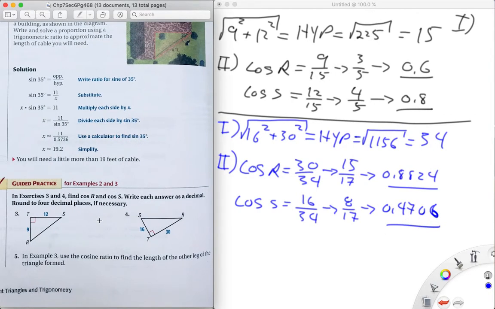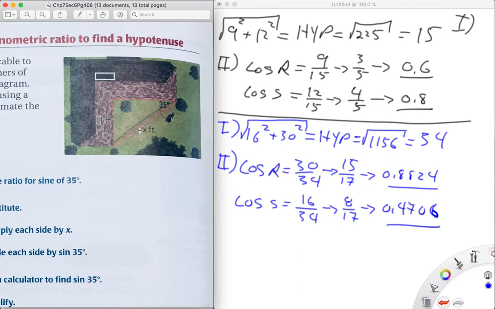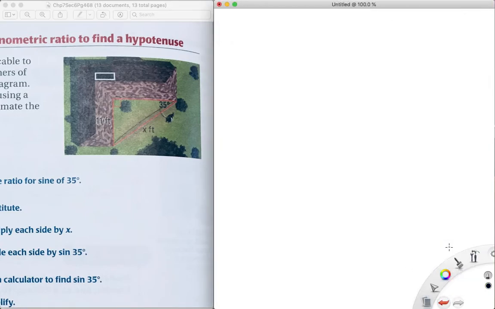Alright, in example 3, use cosine to find the length of the other leg. So over here, we have to find the hypotenuse and then find the other leg. We can do that by using first sine, then cosine. So step 1, find the hypotenuse. Sine of 35 equals 11 over the hypotenuse, opposite over hypotenuse.